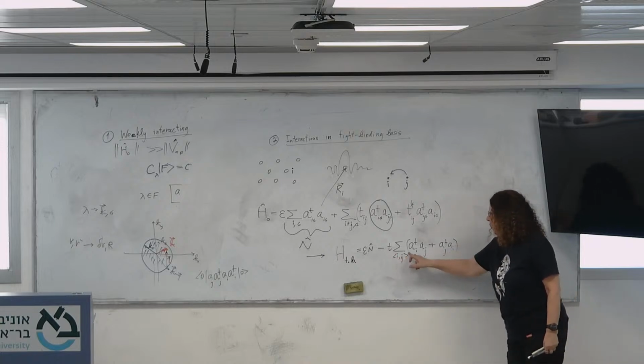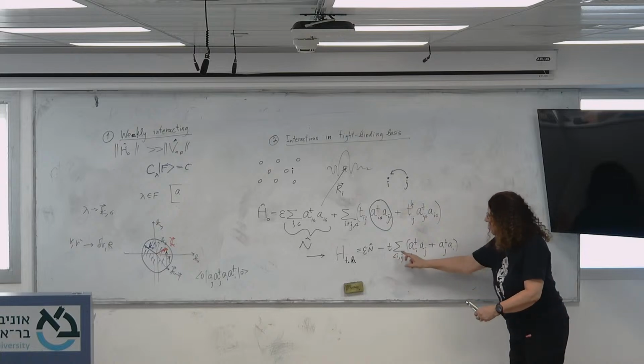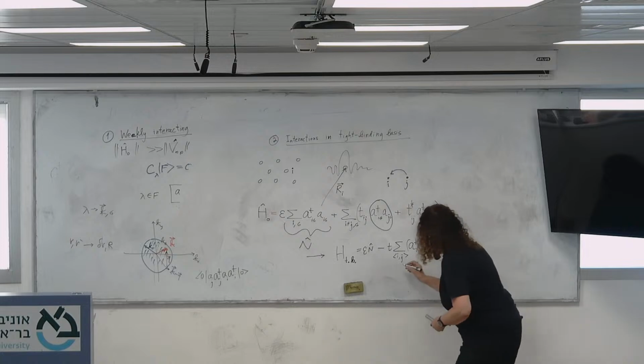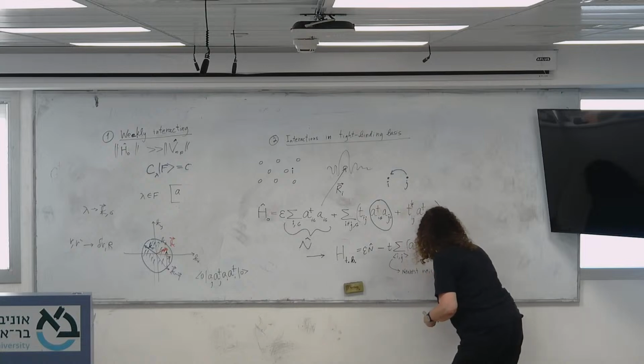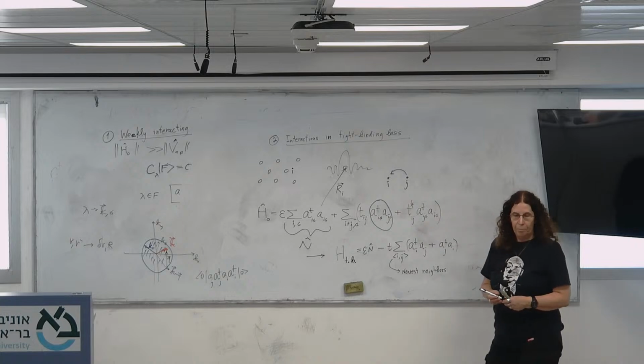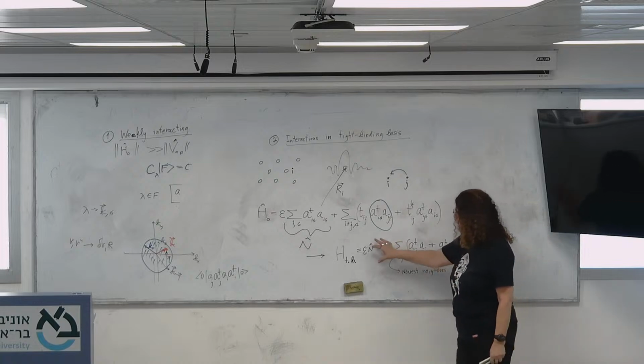Are you familiar with this notation? It's nearest neighbors. When I put these angular brackets, it denotes nearest neighbors. Good. So this is called the tight binding model.